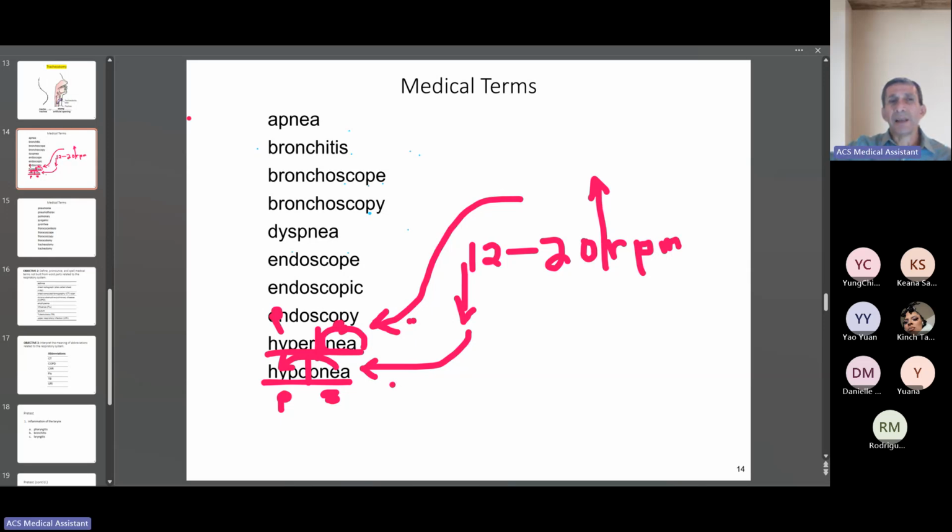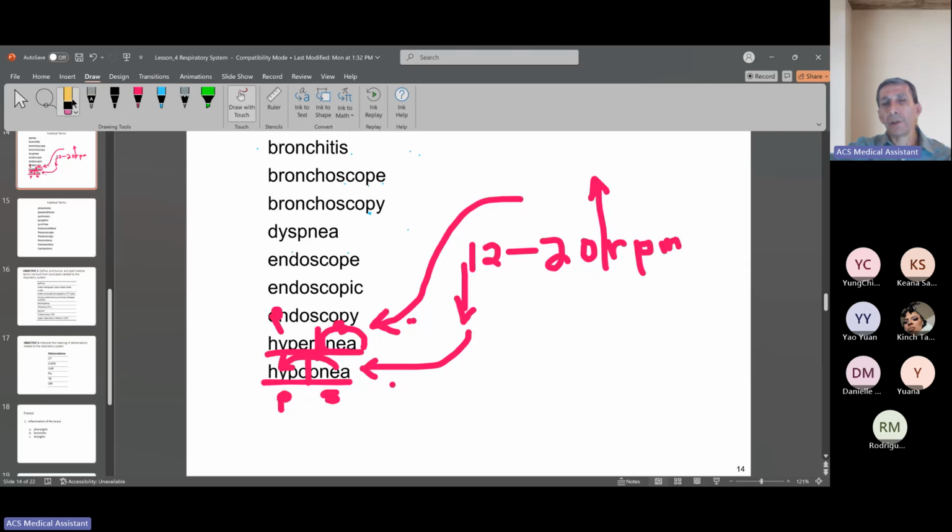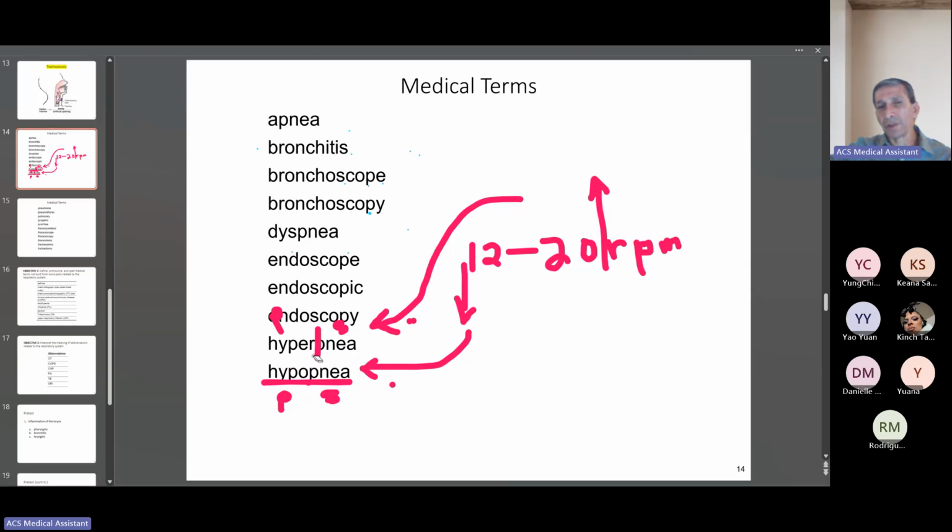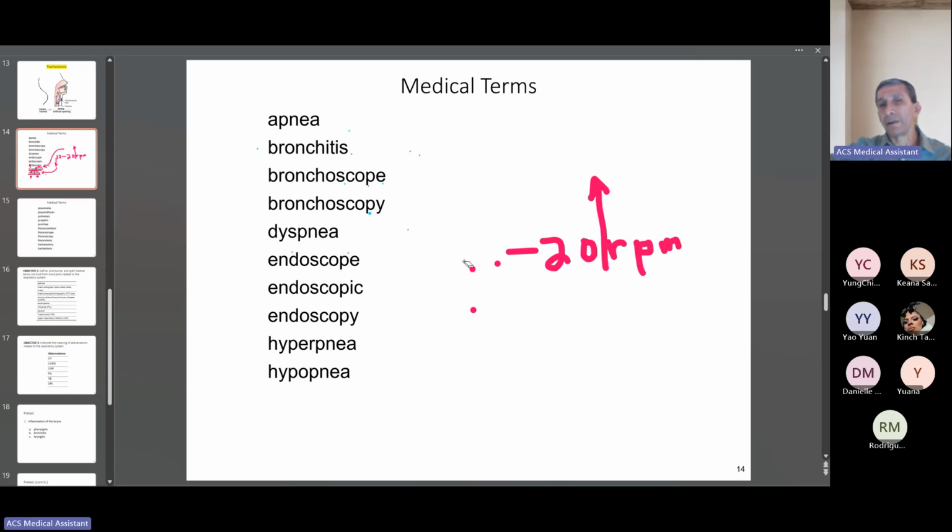So that is how we are going to document a patient that is having problems breathing below or above normal limits. Hypernia is someone who's breathing above, more than. Hypopnea, less than, is below normal limits.